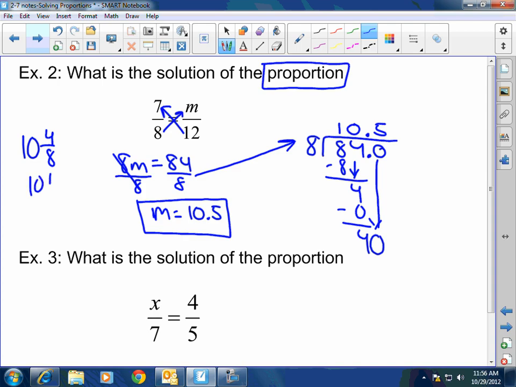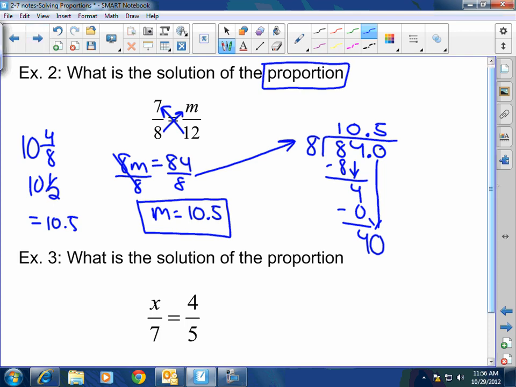Isn't that 10 and 1/2, which equals 10.5? I'm not a genius. Not even close. I just know my simple basic math. You've got to know how to divide and how to go from an improper fraction to a mixed number quickly and efficiently to help yourselves.